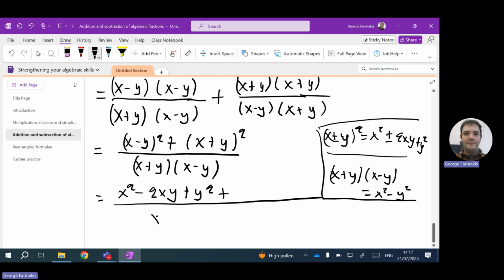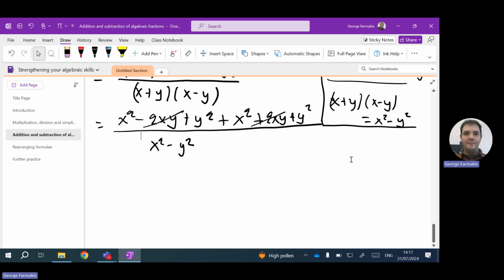So here we have x squared minus y squared. And here we have x squared plus 2xy plus y squared. We can see that we have some cancellation, so we can cancel. So we have x squared and x squared, 2x squared plus 2y squared over x squared minus y squared.